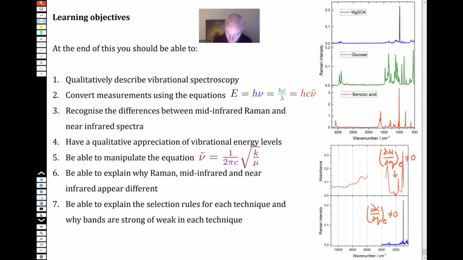It's this one here, and this is d squared mu by dq squared. This one's not so easy to explain, but that's what's going on, at least in a broad sense. And to be able to explain the selection rules for each technique, why bands are strong or weak in each technique.